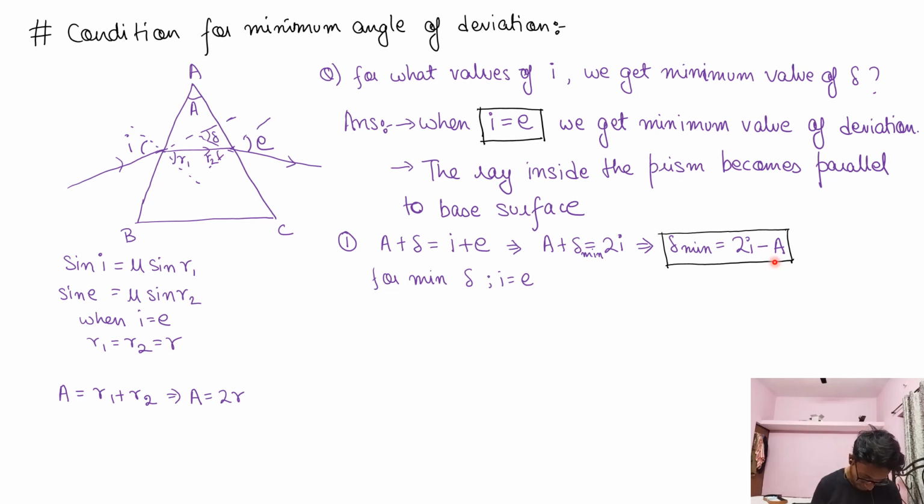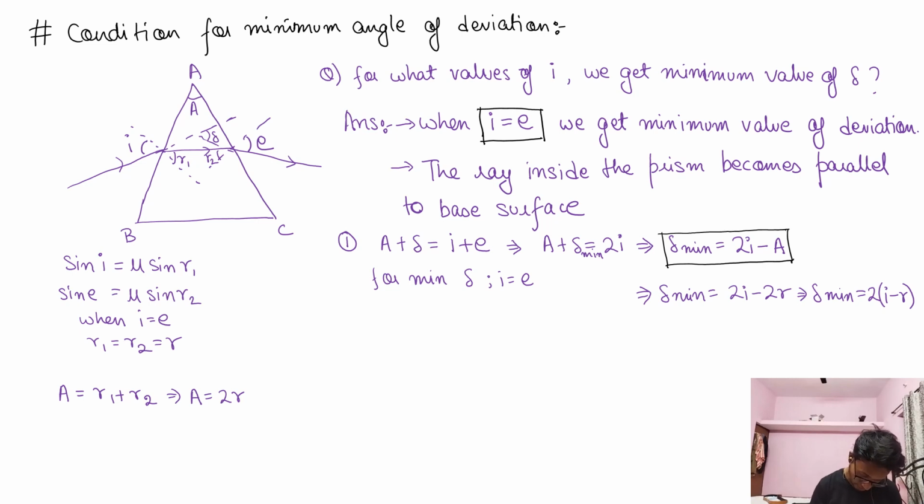If we substitute A equal to 2R here, we get D minimum is equal to 2I minus 2R, or D minimum is equal to 2 into I minus R.